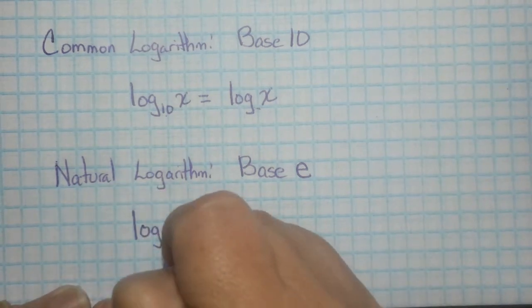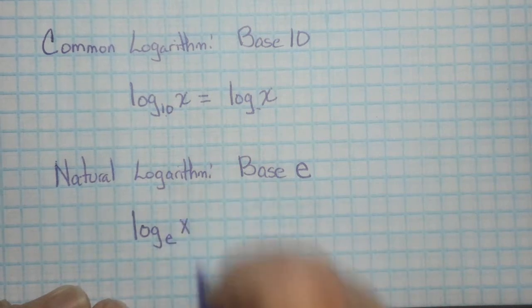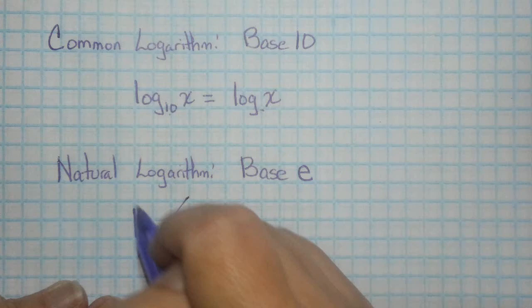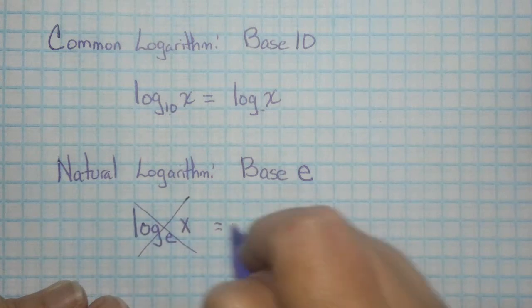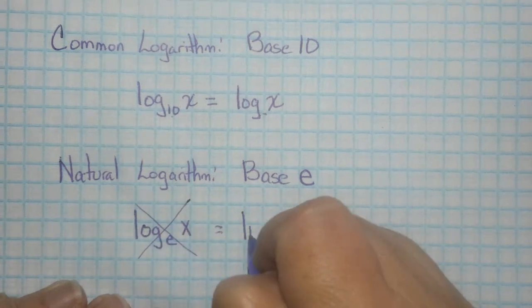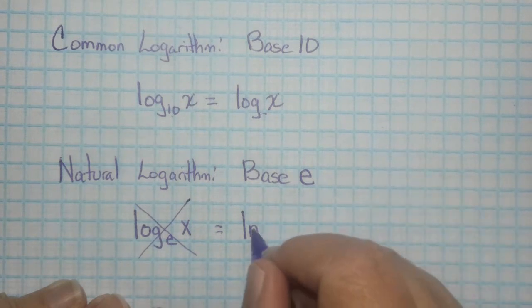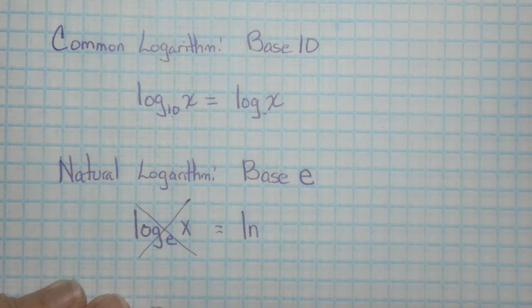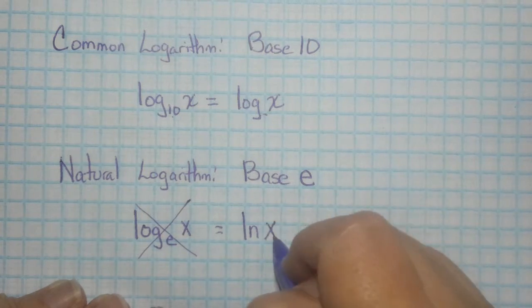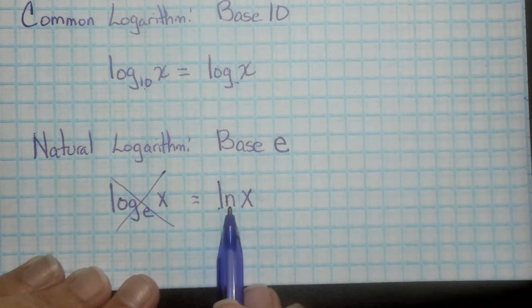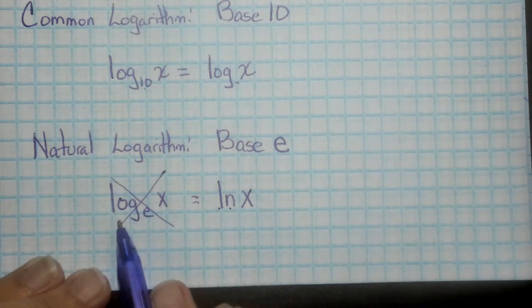Log base e of x. But we're actually never going to write that. That's what we're thinking inside of our brain, but we don't write that down. Instead, we write ln. ln stands for natural log. So it would be the natural log of x. But when you see an ln, in your brain you can think log base e.